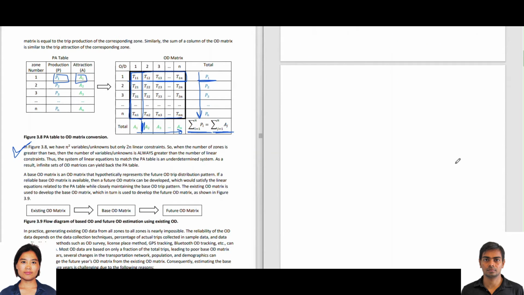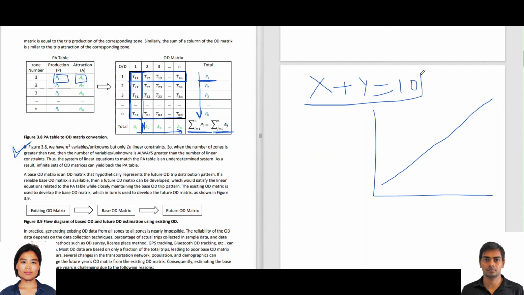What does it mean in simple terms? Let's say I'm writing an equation x plus y is equal to 10. This equation, we know from high school, is a linear line. Now there can be many solutions to this. There is only one equation and two variables here. If we have more variables than equations, we can choose any one of them. Let's say I choose x to be 1, then y will become 9.